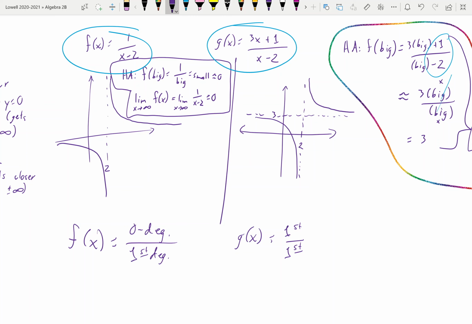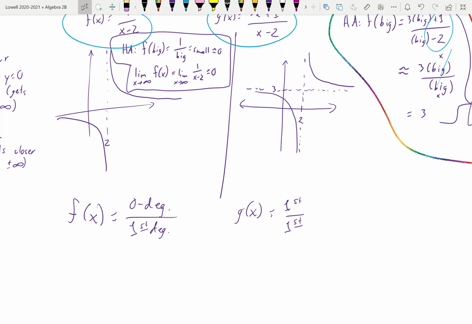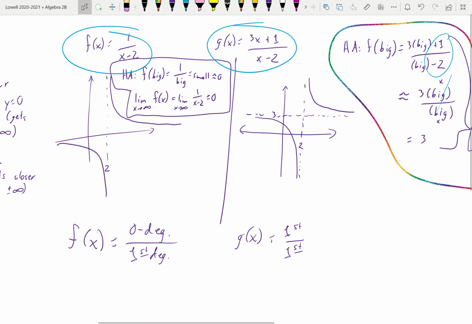The fact that these are different degrees has a pretty relevant effect on where the horizontal asymptote occurs. On the left one, when you plug in a big number, since the numerator doesn't grow at all and the denominator does grow, it's pretty clear that it's always going to have a horizontal asymptote at y equals 0.